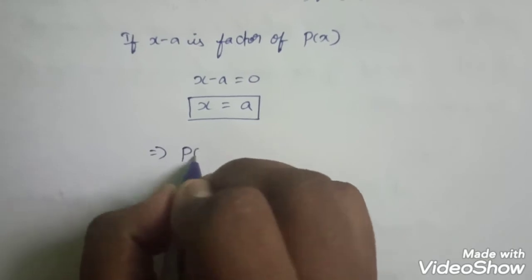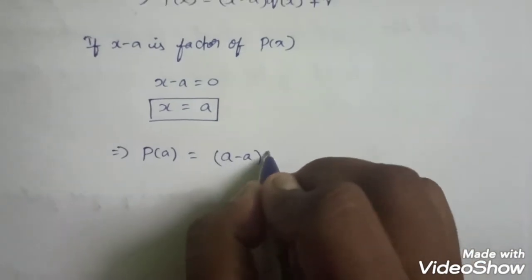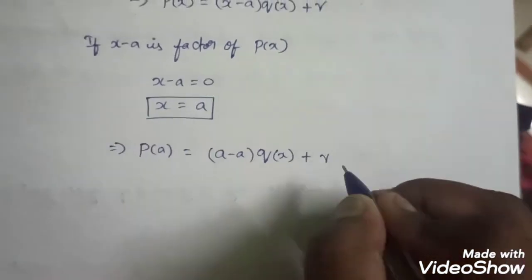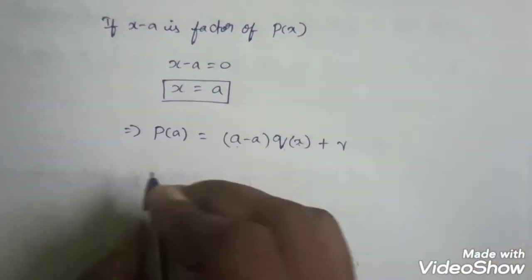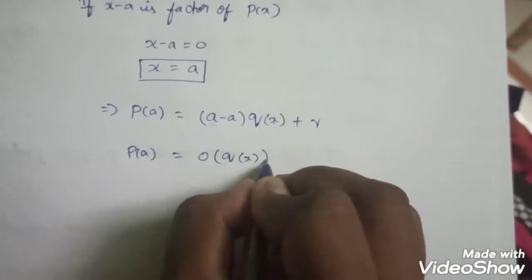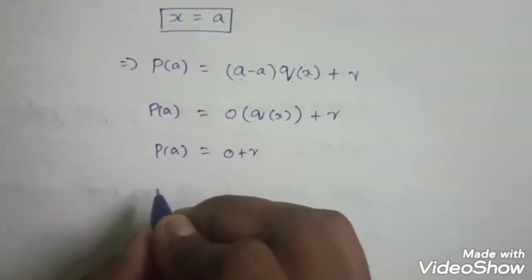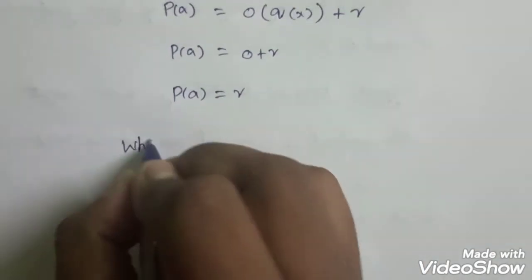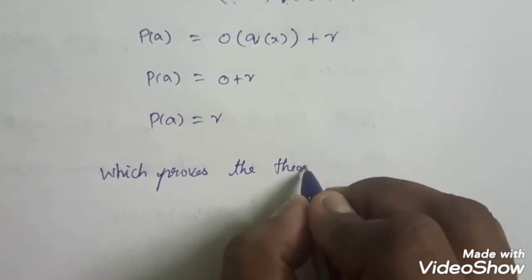So this implies P of A equal to (A minus A) into Q of X plus R. This is the quotient, we need not substitute instead of X. So this is the value, A minus A. So P of A is equal to 0 into Q of X plus R. So P of A equal to 0 plus R. P of A equal to R. So which proves the theorem.